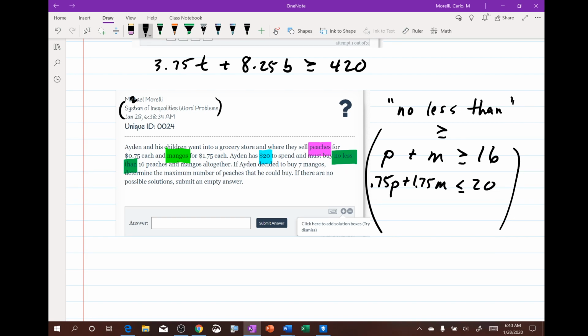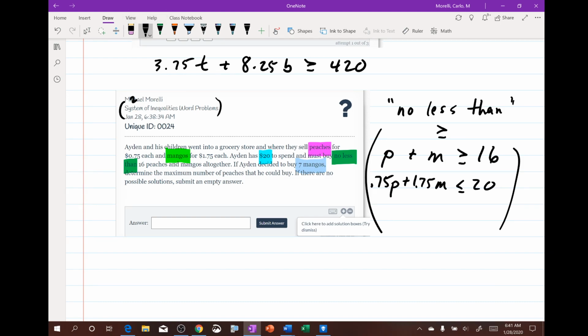And it says here, if Aiden decides to buy 7 mangoes, determine the maximum number of peaches that he can buy. So here in this problem, they're giving us some information. They're saying, what about 7 mangoes?